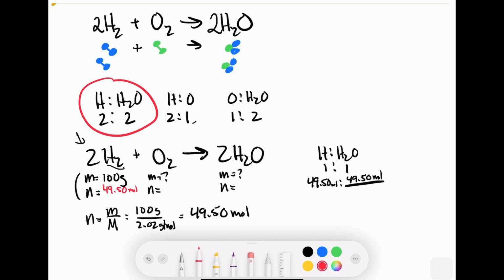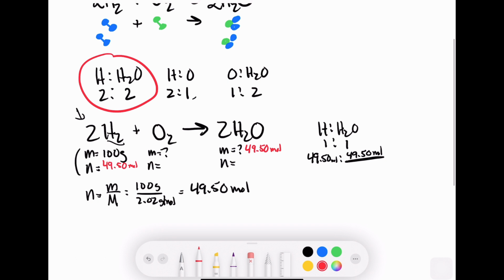So now I know that number. And that's the real trick to stoichiometry there, is to use that ratio to help us figure some things out.